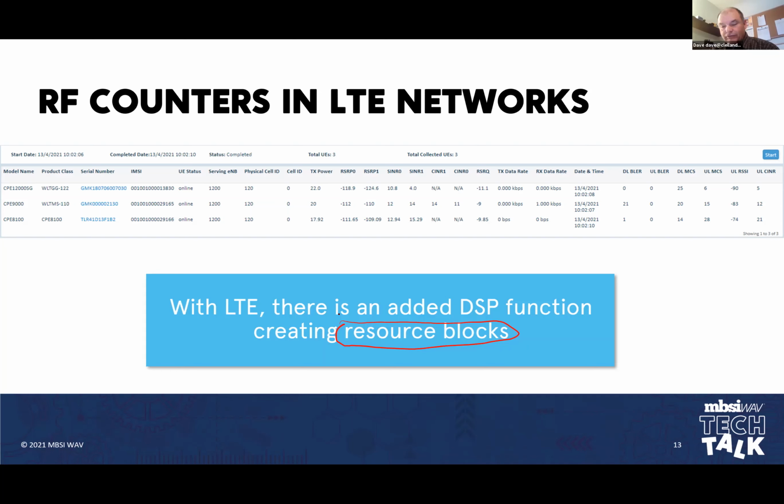Then we're looking for first of all our received signal strength right here. We're looking for our performance, our link quality, our signal to noise ratio right there, and we're looking for the downlink and uplink block level error rates that we see here.